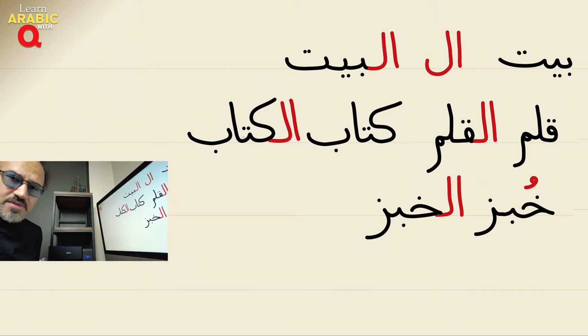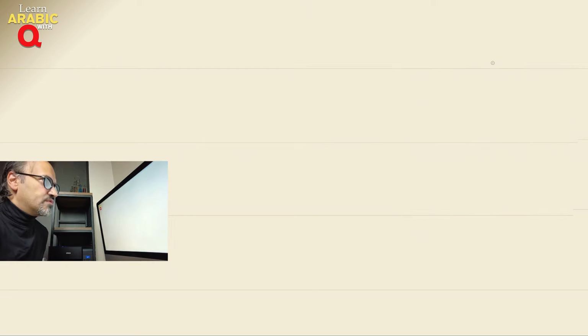Let's take a few feminine nouns. We have سيارة. Se, then ye, re. Becomes el-Siyara.